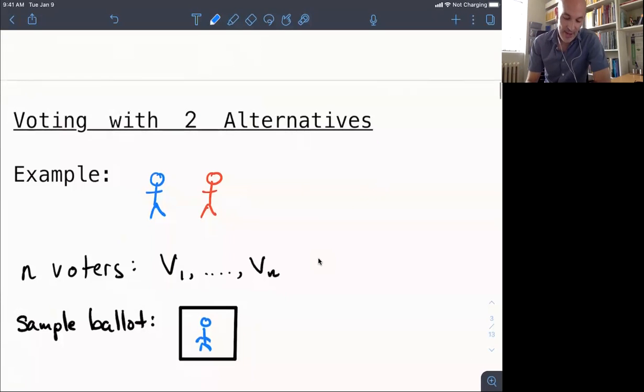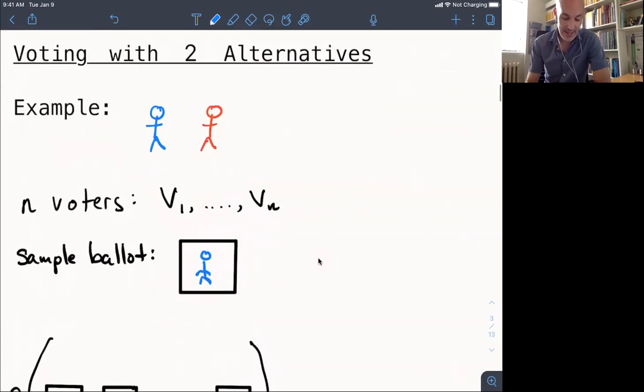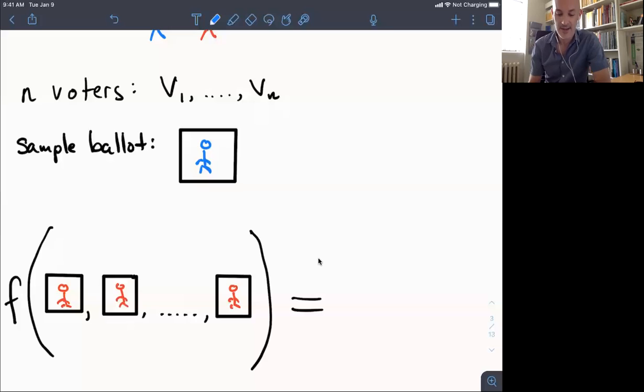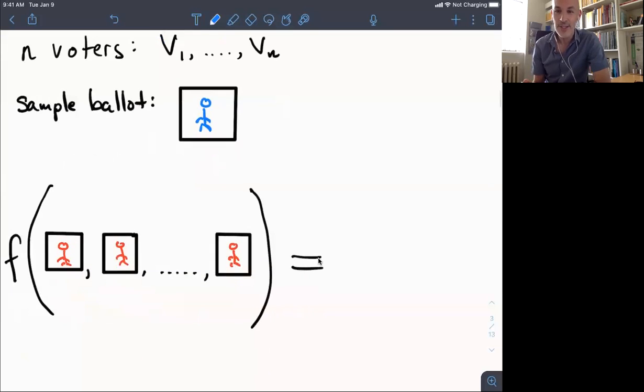What is a social choice function, or a voting procedure? It really is a function that inputs n ballots, the n choices of everyone, and I've chosen this example. What if the function does the following?